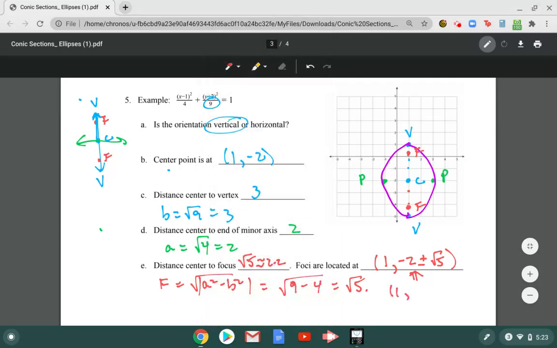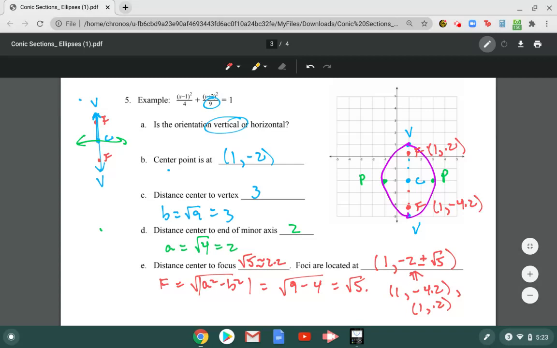So this is going to be 1 comma negative 4.2 and 1 comma 0.2. Okay, so we've got our foci, we have our vertices and our endpoints. The only other thing I want to do is to label them. So I've got my foci here. So 1 comma 0.2, 1 comma negative 4.2.